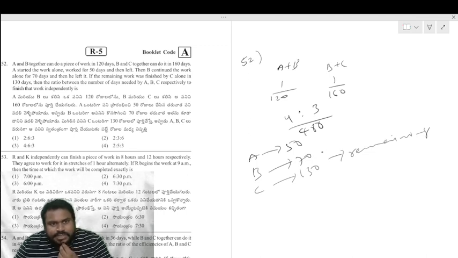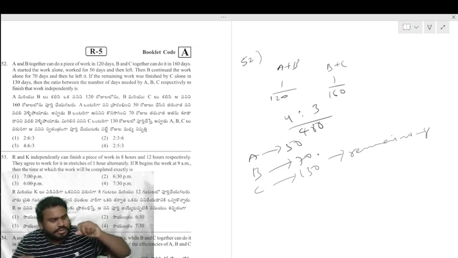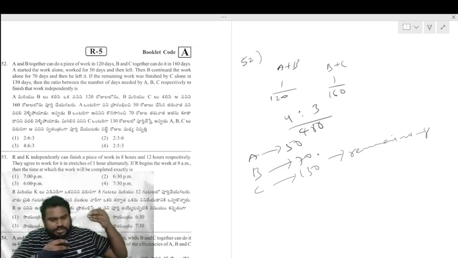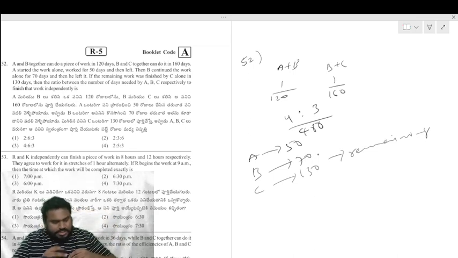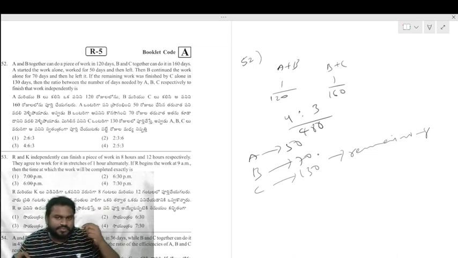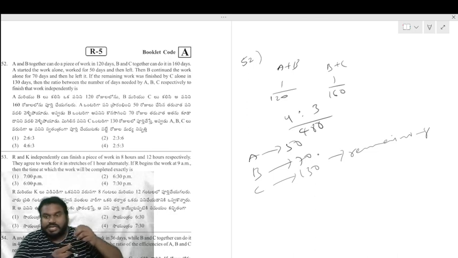I'm repeating: A and B together can finish the work in 120 days, and B and C can finish the same work in 160 days.